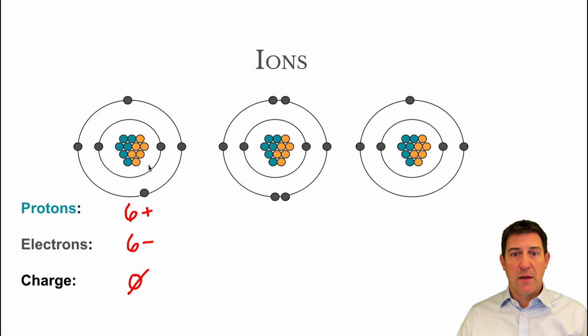It's just carbon. Over here we have 1, 2, 3, 4, 5, 6 protons. They have a positive charge. And we have 1, 2, 3, 4, 5, 6, 7, 8. Whoa. We have 8 electrons. So if we sum these together, we have an overall -2 charge. This is carbon.